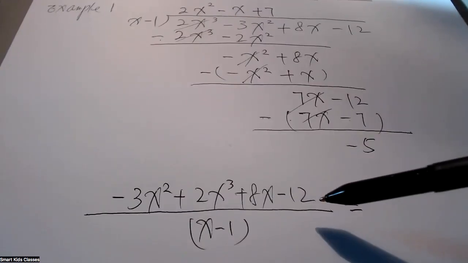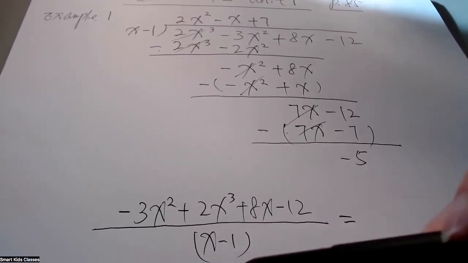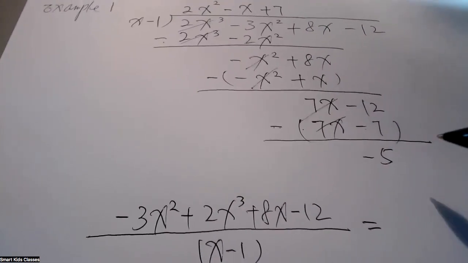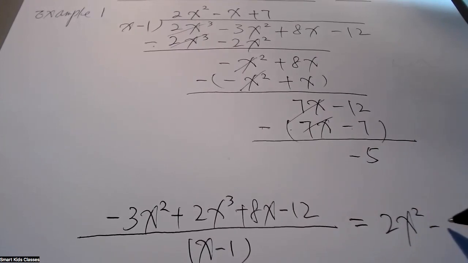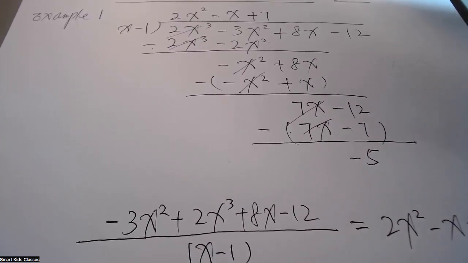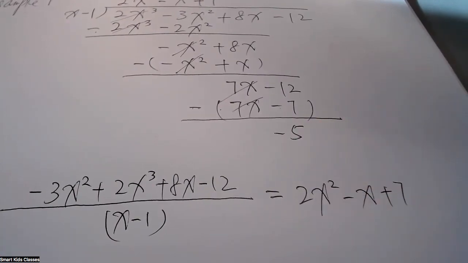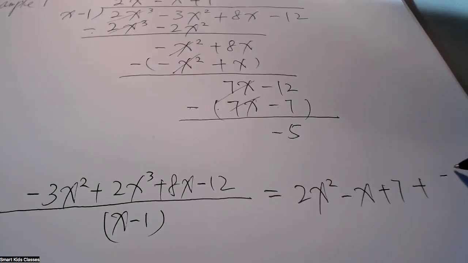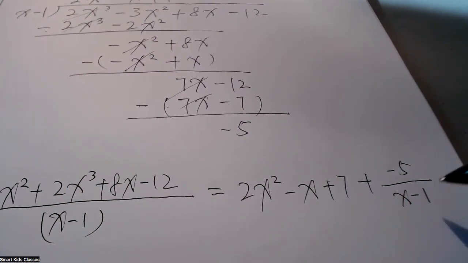Okay, so we write the original function and the division. A fraction is a division. We write the answer next. So the answer is 2x squared minus x plus 7. And we express the remainder by adding back negative 5 over the divisor, x minus 1.